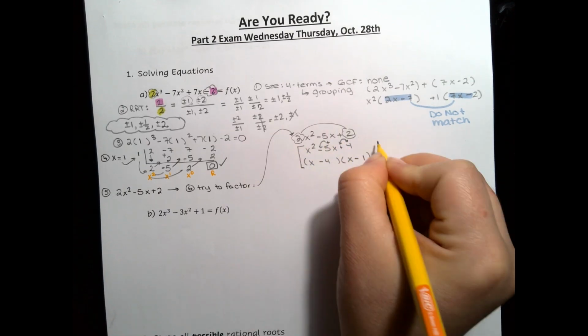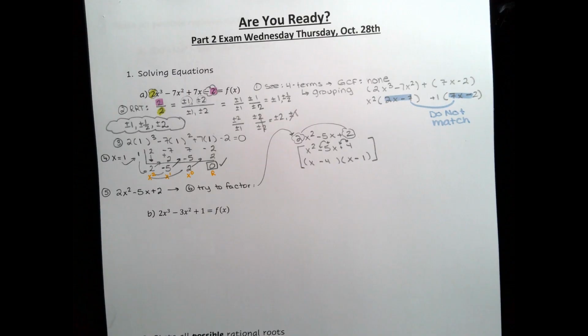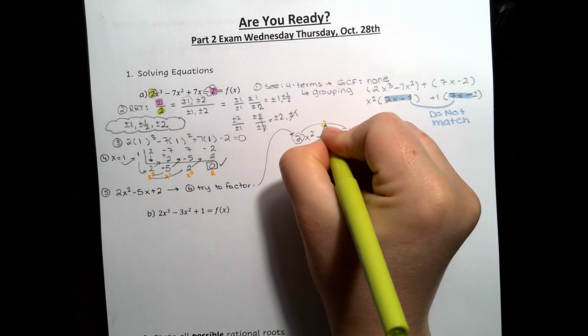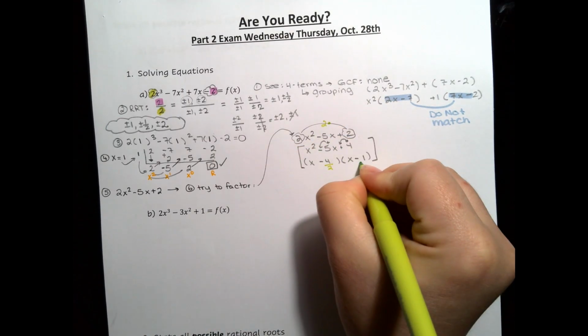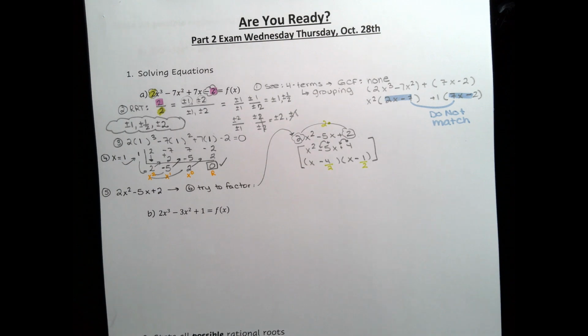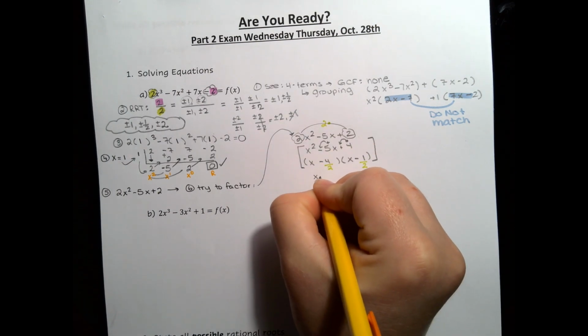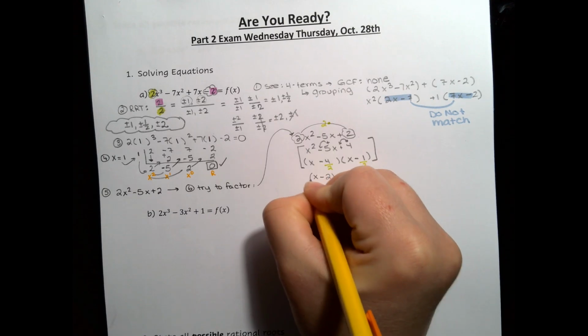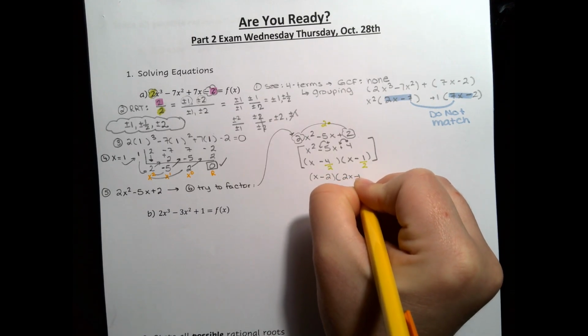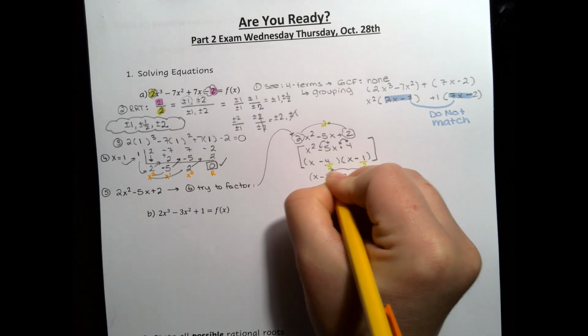Again, remember this right here is temporary. It doesn't exist, so we do need to divide by 2 since we multiplied by 2. And we have x minus 2 as a factor and 2x minus 1 as a factor. And I'm putting that in thinking bubbles.